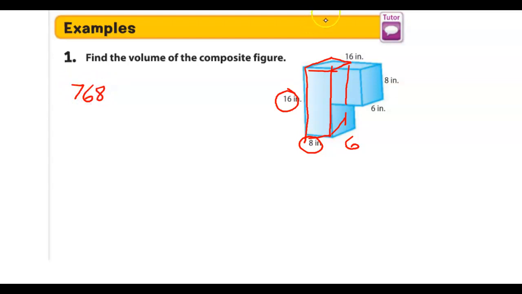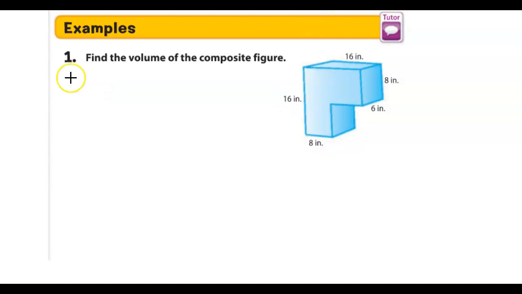I'm going to erase this over here. So we got 768. Now what I need to do is find the volume of the right-hand side of this. So not the stuff that's on the left, but all of this cube over here. We're going to find the volume of that, and then we'll just add the volume of the cube to the volume of the rectangle.